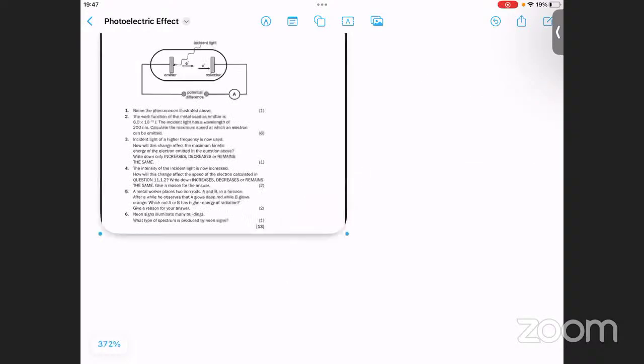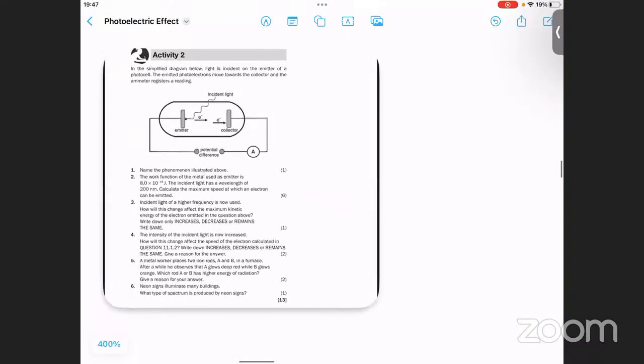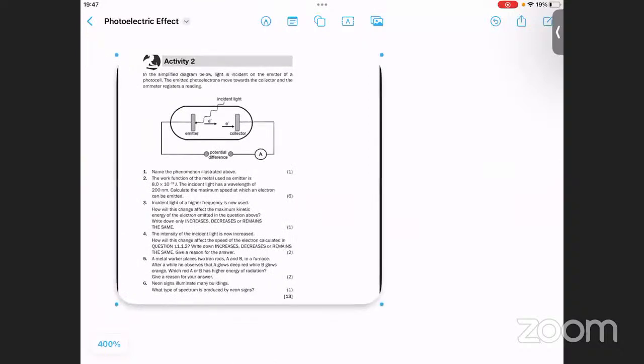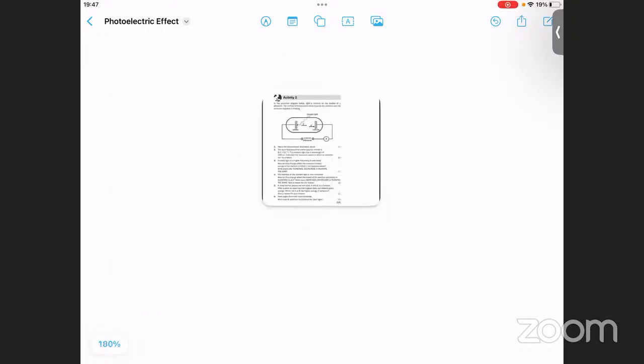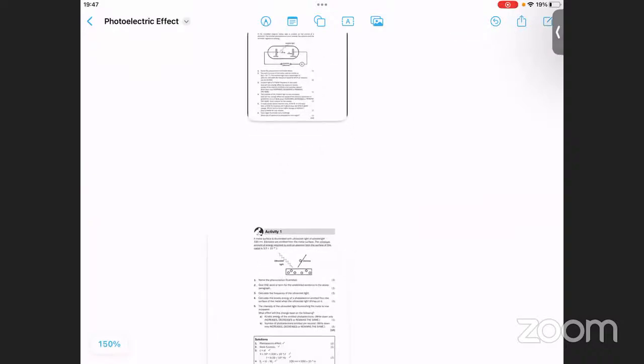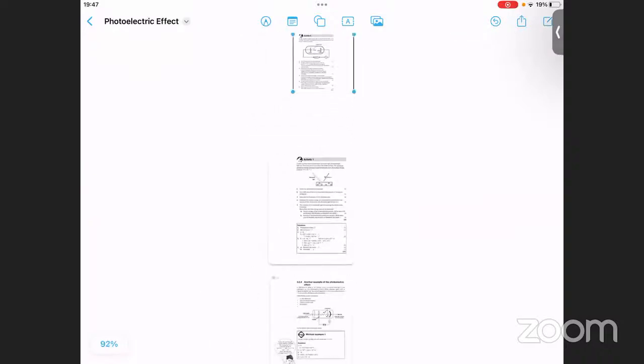Maybe let us start with the first one. They say in the simplified diagram below. Maybe we might not need to start with that one. But let us start with this one.